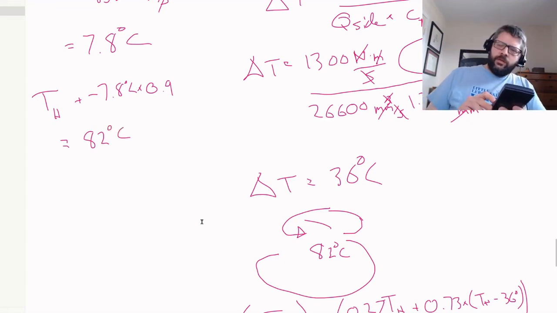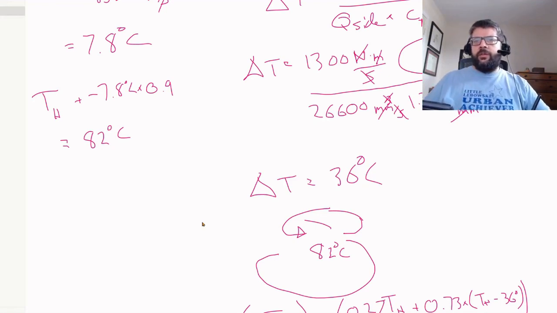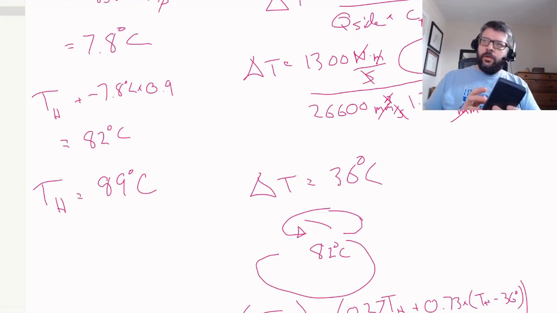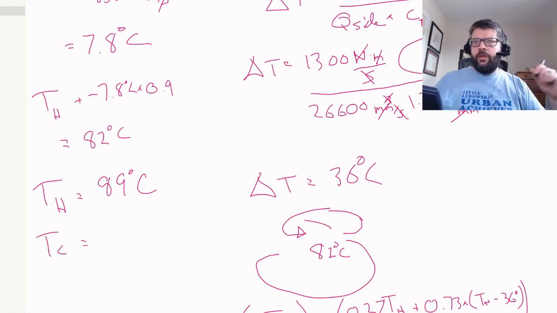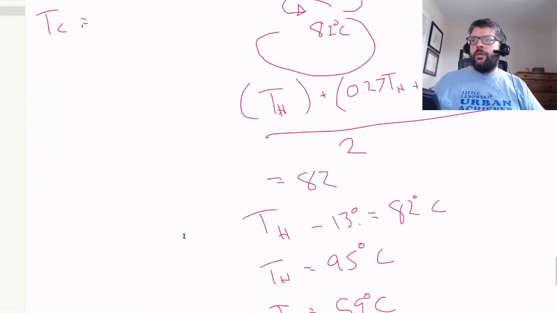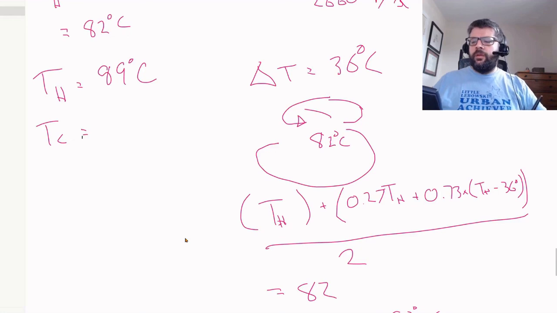That gives us a TH of 82 plus 7.8 times 0.9. So our TH is equal to 89 degrees Celsius, and therefore our TC there is equal to 81 degrees Celsius.